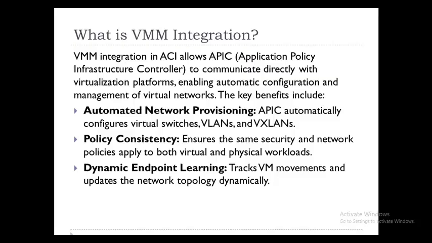We may be communicating from a physical device to a virtual device, which means the VLAN needs to be extended from the physical leaf to the virtual leaf, which is possible through VMM integration. So here the leaf is a virtual switch.